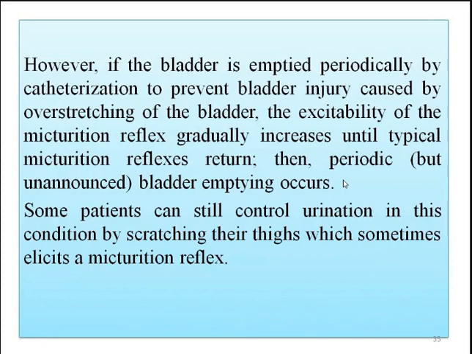Some patients can still control urination in this condition by scratching their thighs, which sometimes elicits the micturition reflex. This automatic bladder generally occurs after CVA, that is stroke. After the initial spinal shock stage recovers, we can see the typical features of automatic bladder, not during the spinal shock stage.